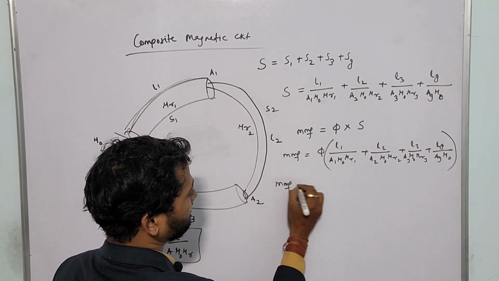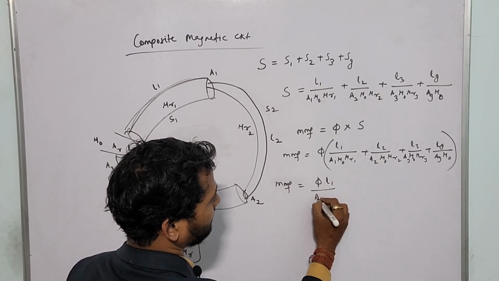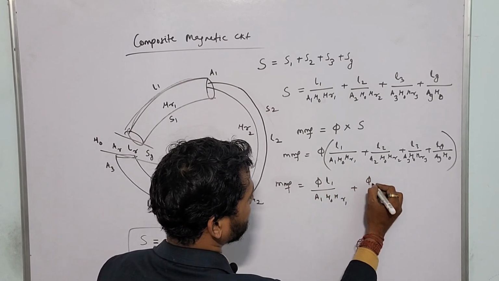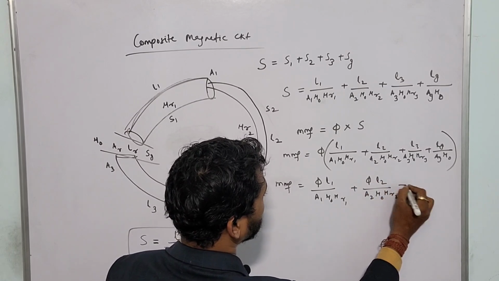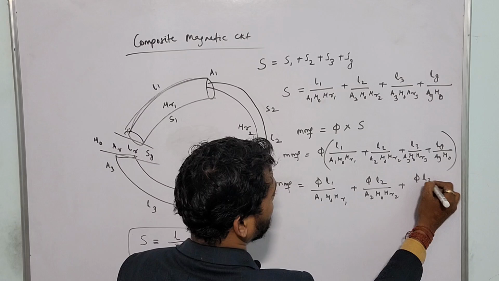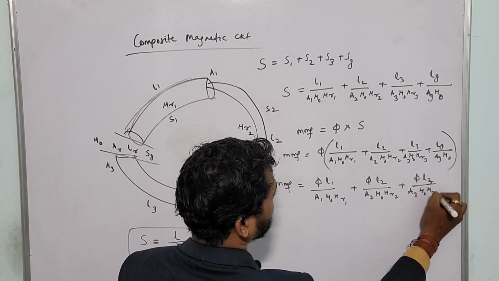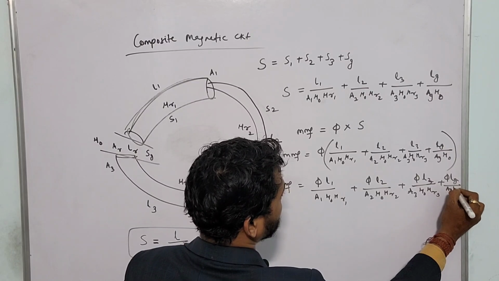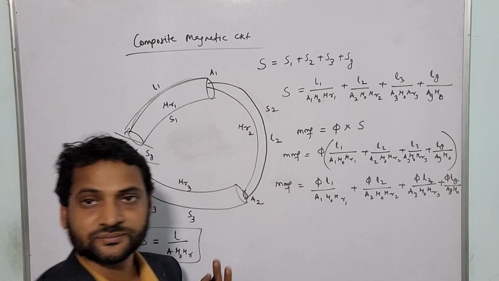So mmf will be equal to phi into L1 upon A1 mu naught mu R1 plus phi L2 upon A2 mu naught mu R2 plus phi L3 upon A3 mu naught mu R3 plus phi into Lg upon Ag mu naught. ठीक है, यहाँ तक क्लियर.